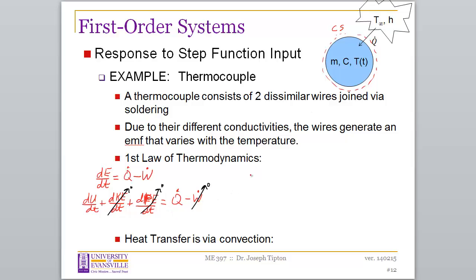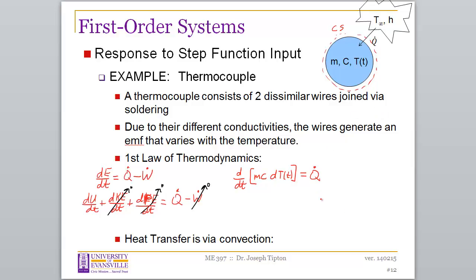Well, this is an incompressible substance, so we can model our internal energy change using the specific heat of the solder material. So mass times specific heat times the derivative of temperature, which is a function of time. That must then balance with the rate of heat transfer from the fluid to the system or from the system to the surroundings.